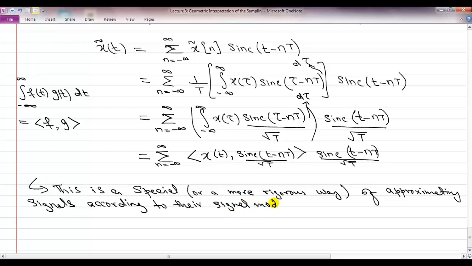Not all signal models, of course, will work. These are special signal models which are called subspace signal models.